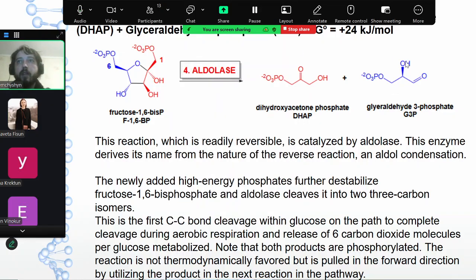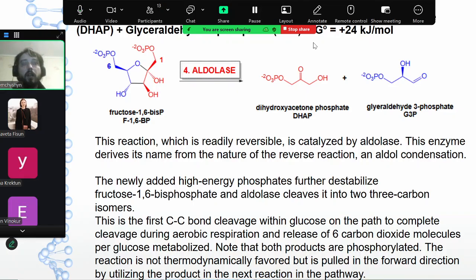And the thing is that the products of these reactions are readily used in the next steps, so their concentration is really low. So by the Le Chatelier principle, the reaction is still going in this direction, because if you take into account not only delta G naught, but plus that summand that contained concentration, you remember that logarithm of Q and so on.